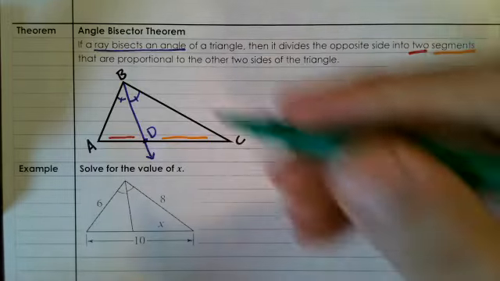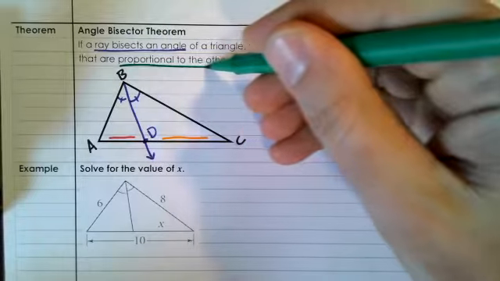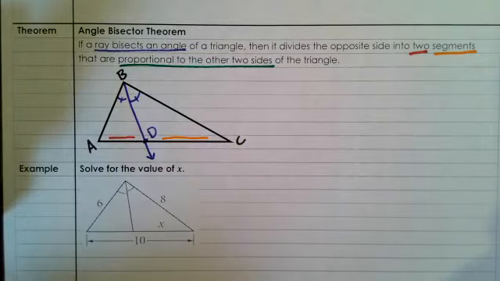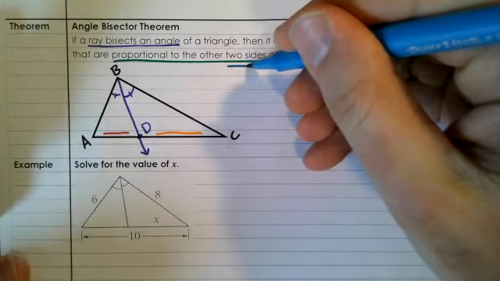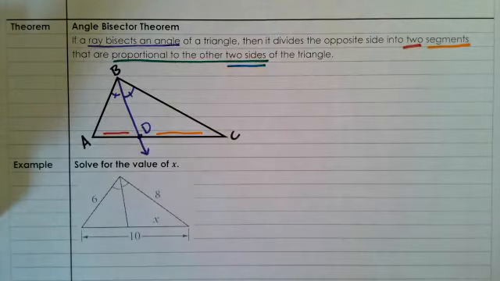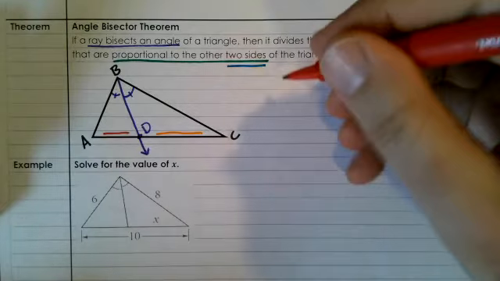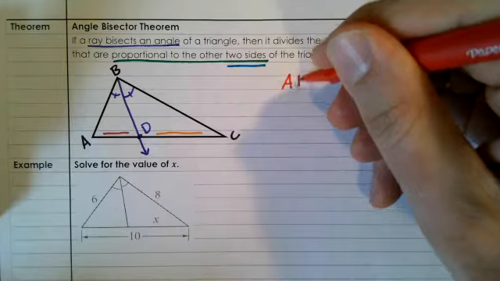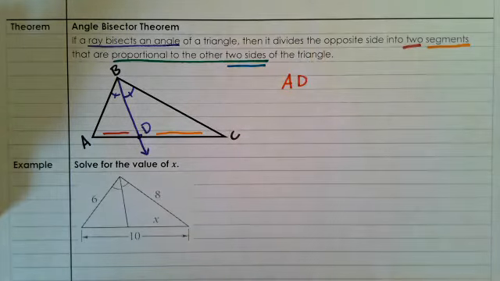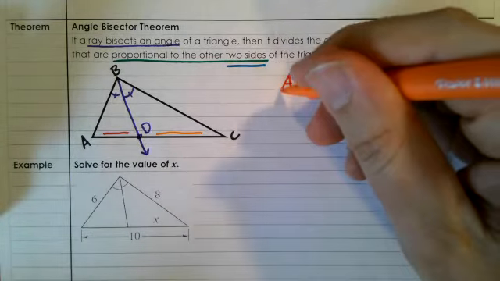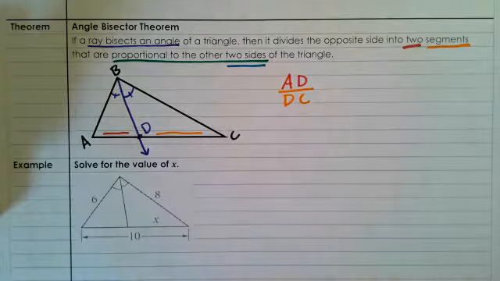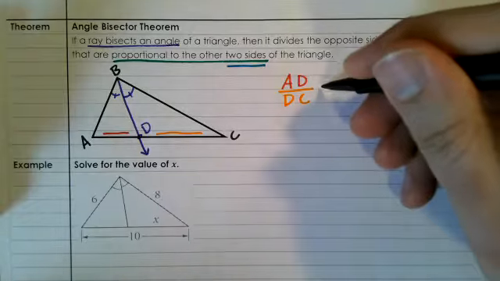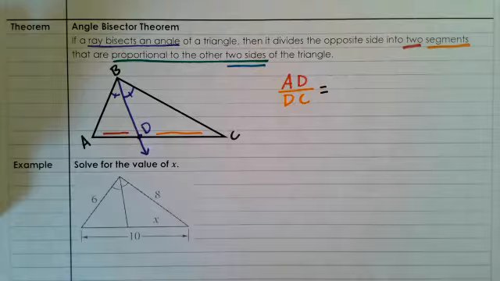Now, those two segments are proportional to the other two sides of the triangle. And I do want the other two sides. So what that means is if we make like a little fraction with AD and DC, the two sides that kind of got split up, that's going to be equal to the other two sides of the triangle, the ones that match with our bits.